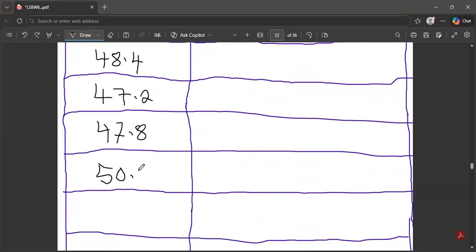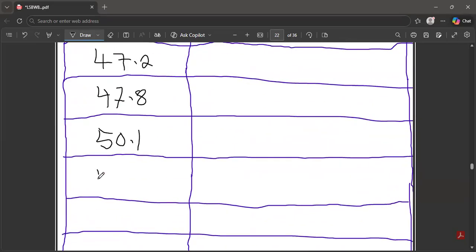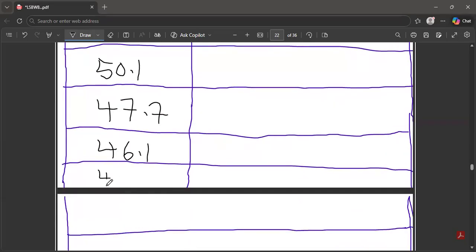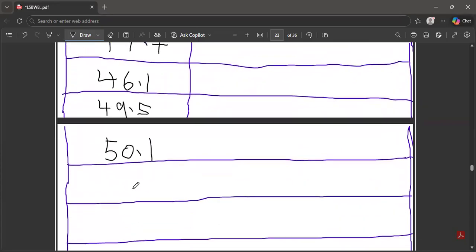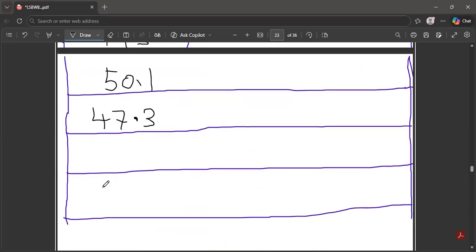So 50.1, 47.7, 46.1, 49.5, and we have 50.1. Then we also have 47.3 and also 44.8.